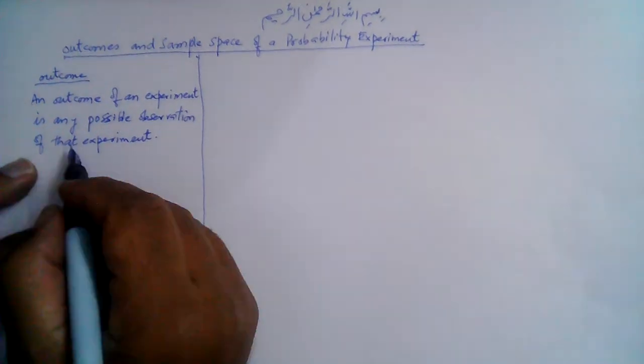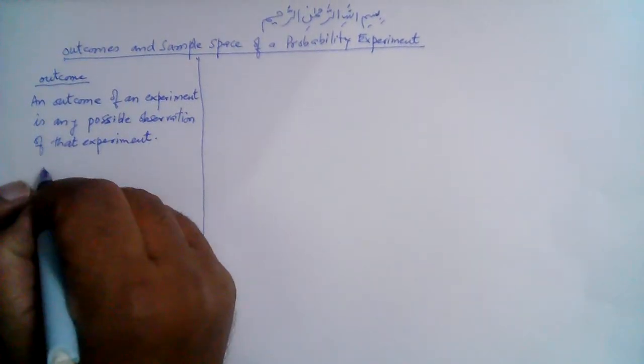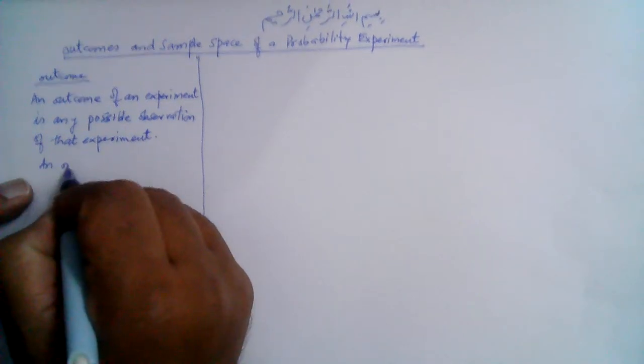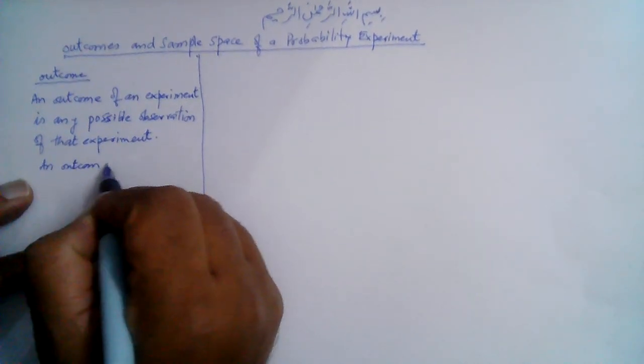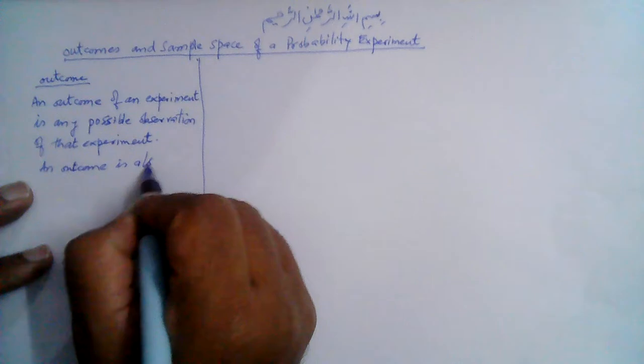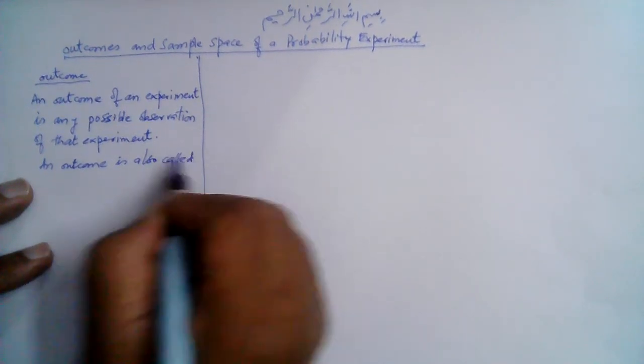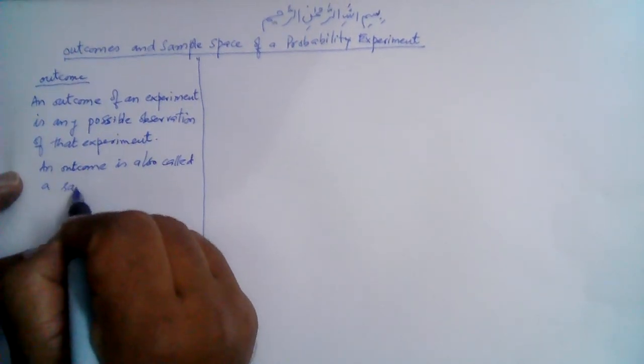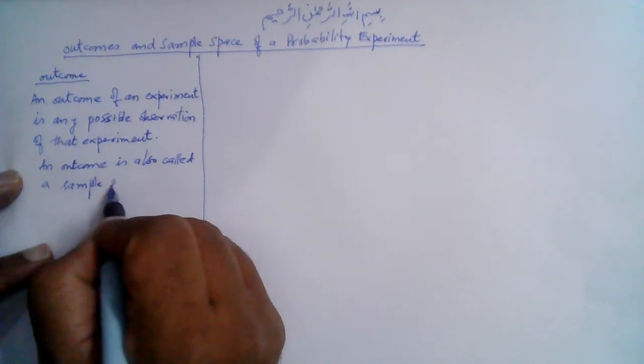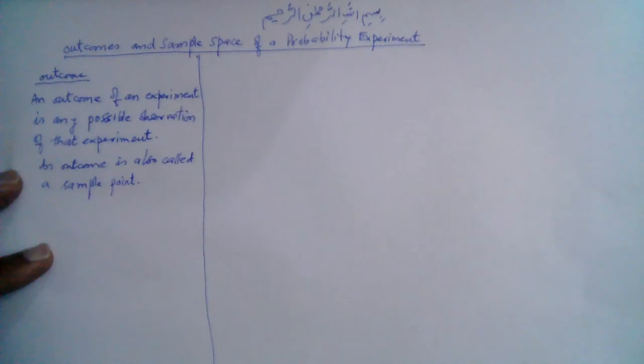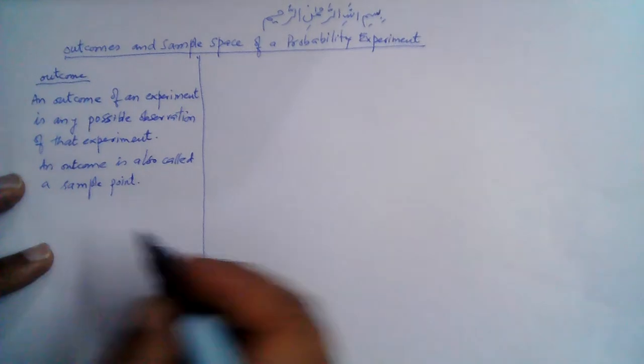And this is also called a sample point. An outcome is also called a sample point of that experiment, right? Sample point. And what is the sample space?